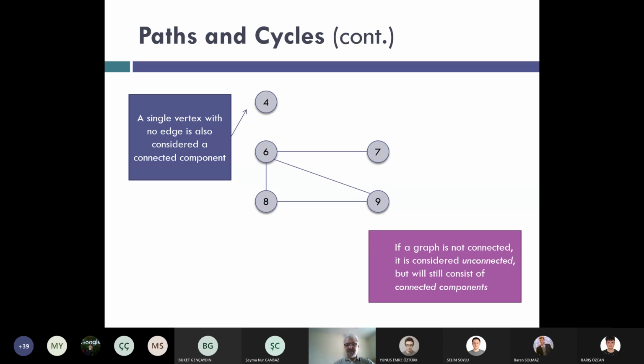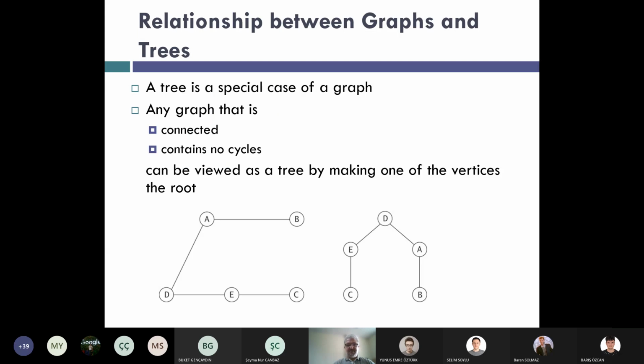There are different types of graphs, and we have to know the type from its name, right? There is a relation between graphs and trees, and as I said, graphs are a generalization of trees. Actually, we can consider a tree as a special case of a graph.